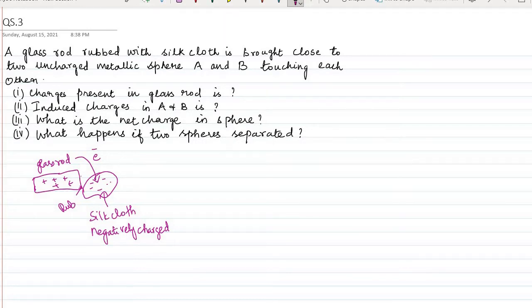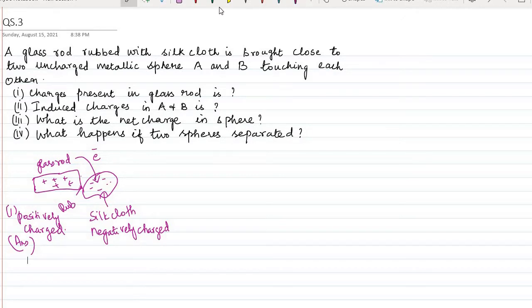So what is the charge present in the glass rod? It is positively charged. So the first question, the answer is positively charged, and the silk cloth is negatively charged.